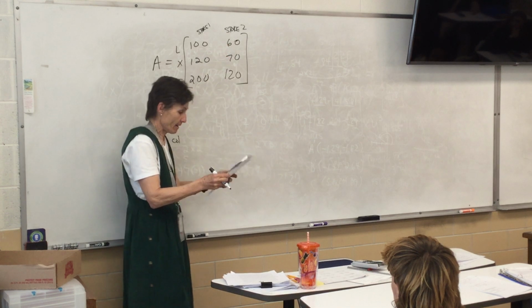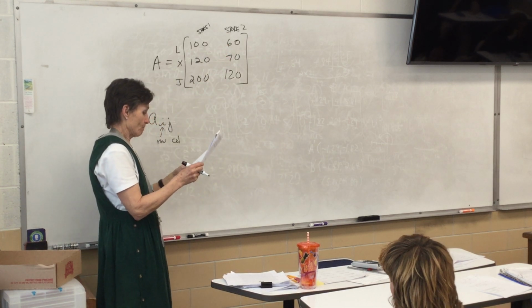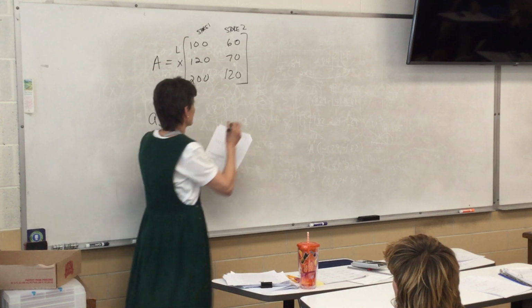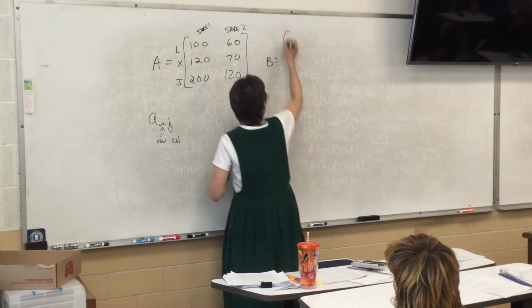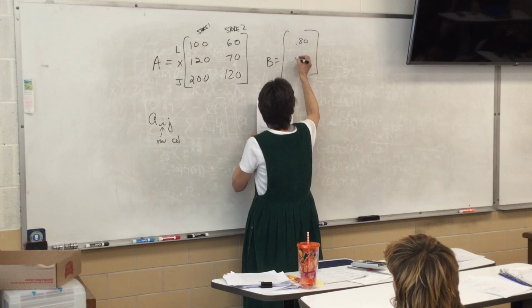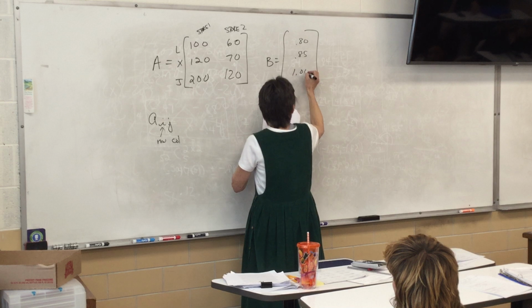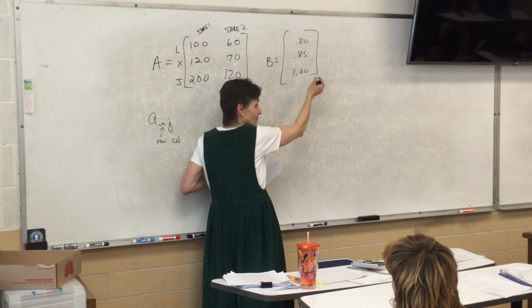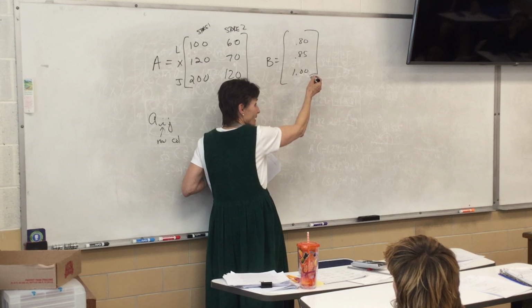Okay? All right. Now, the price per dozen we charge is this matrix. So B is 80, 85, and $1. So again, what do these represent? Types of eggs.